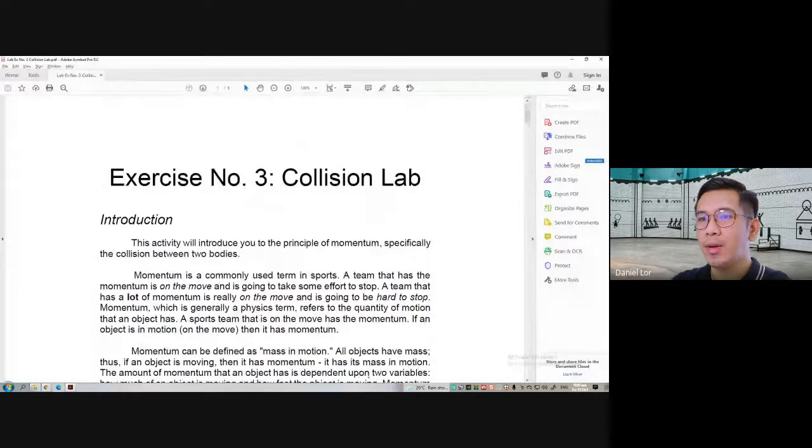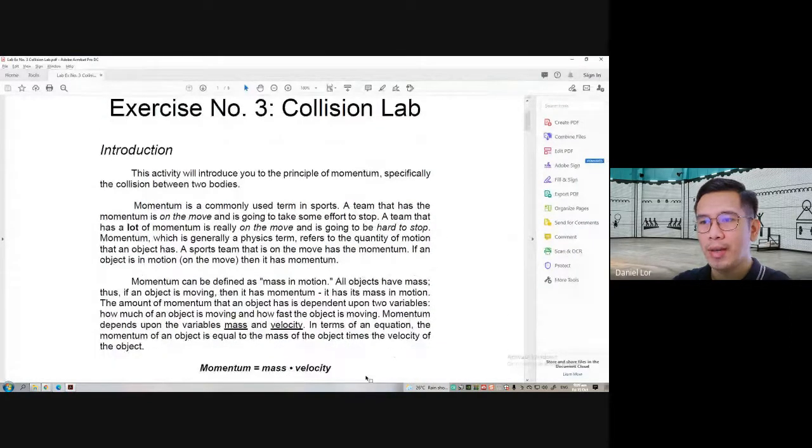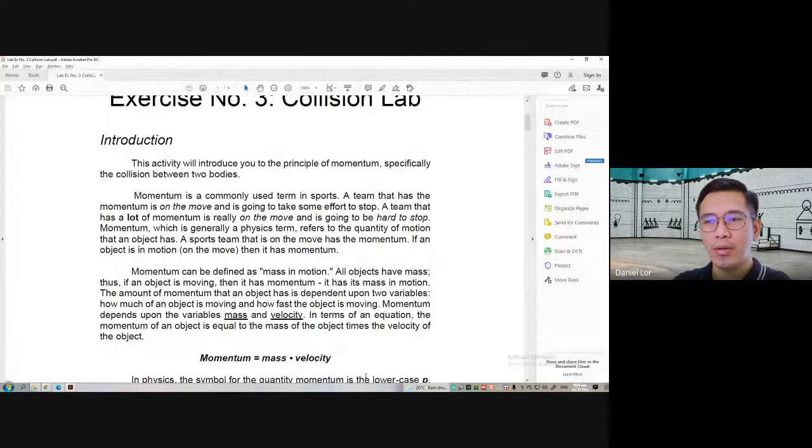So this is lab exercise number 3, collision lab. Last meeting, we already discussed momentum. Basically, momentum is defined as mass in motion.